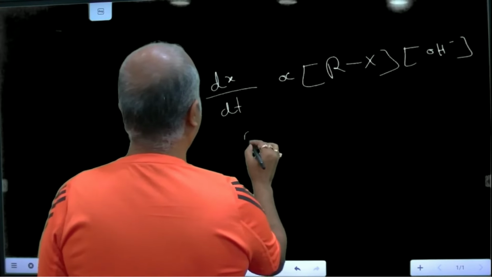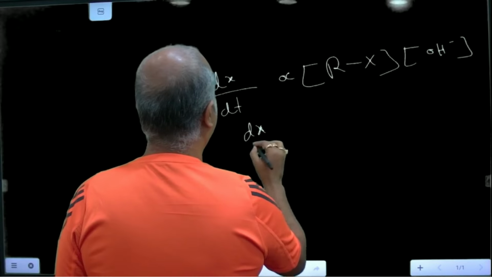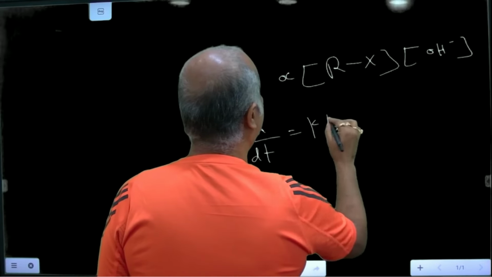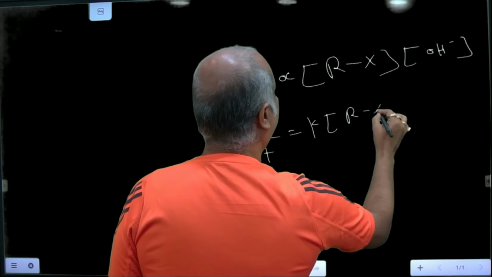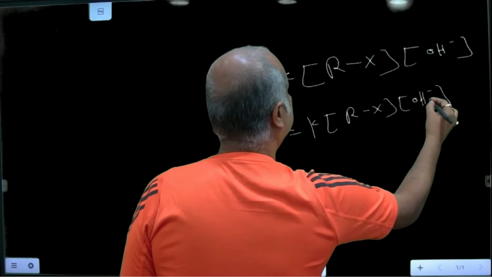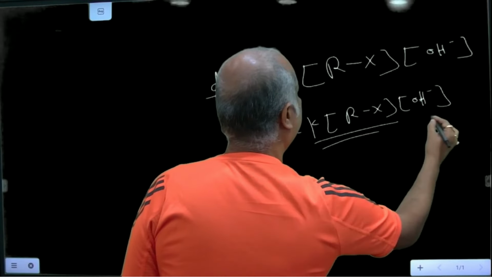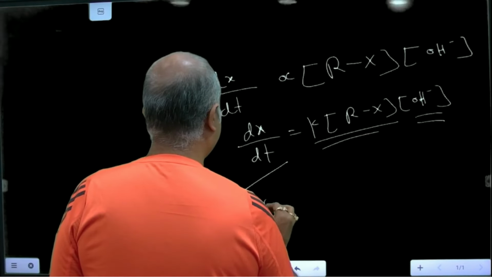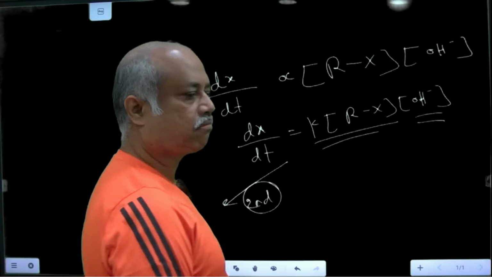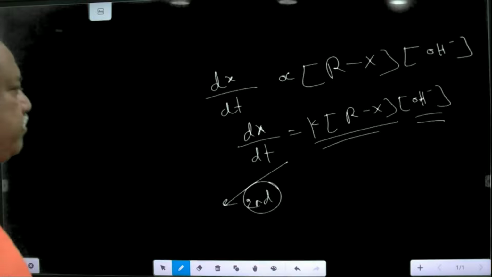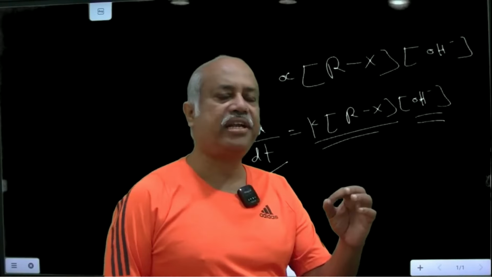So dx by dt equals k times the concentration of alkyl halide and nucleophile, and that is second order chemical kinetics.